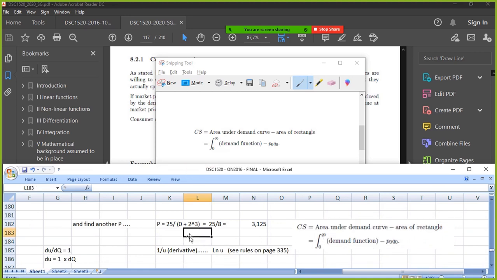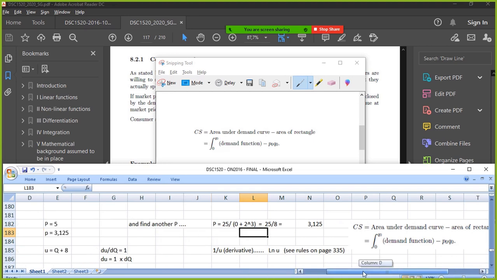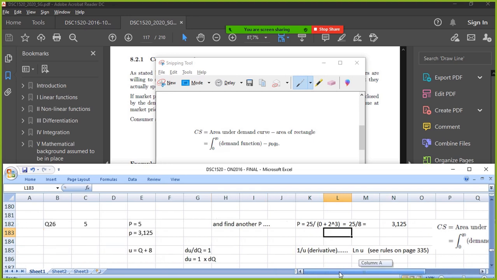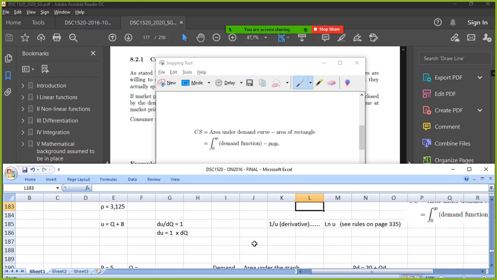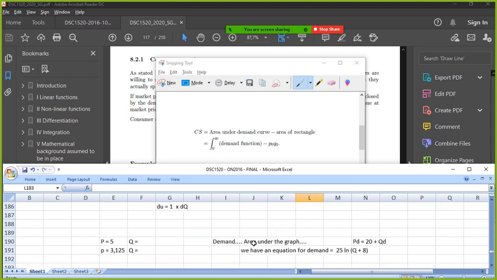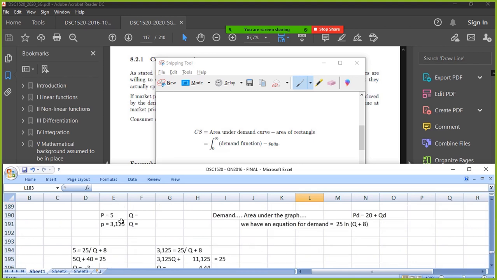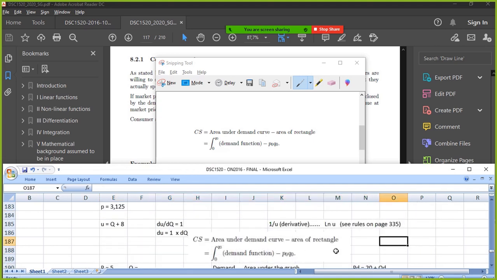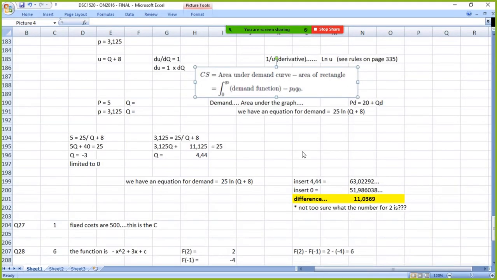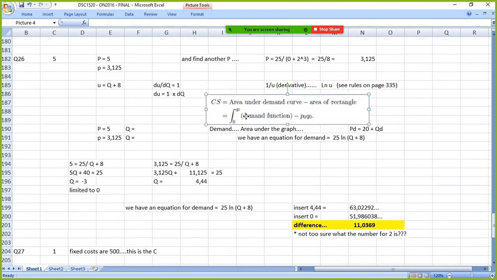Okay, so I had to find P. Let's see, did I do that here? I have P and I have that. Find another P. Let me just see, what did I do here? Yeah, I used the rules. This looks like derivative. Here, yeah, there it is. Area under the graph, there it is. Okay, copy paste. Alright, there's the area under the graph.